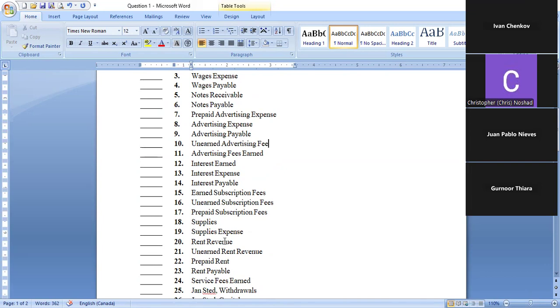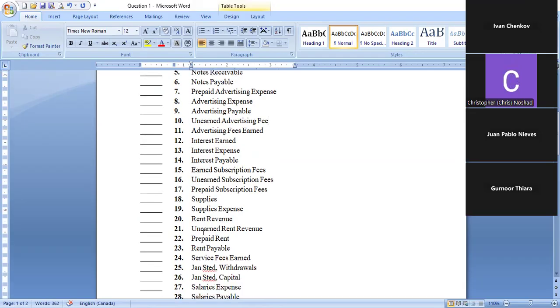Expense. Rent revenue. Now be careful with the next one. Unearned rent revenue. Right? So now here we can put earned rent revenue. Once you see unearned, definitely liability. 100% liability.